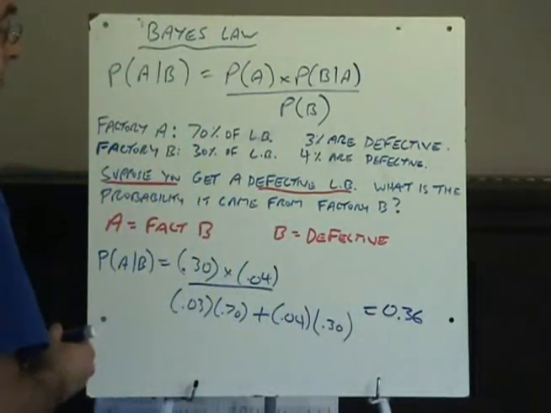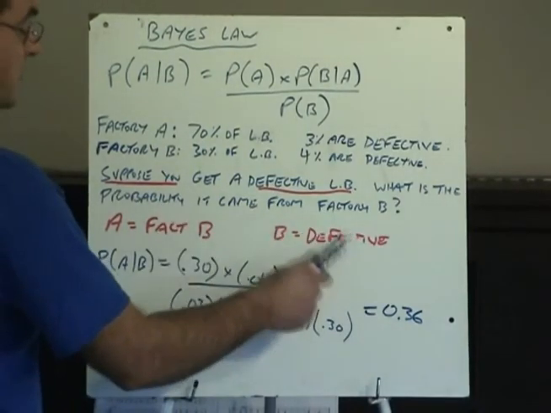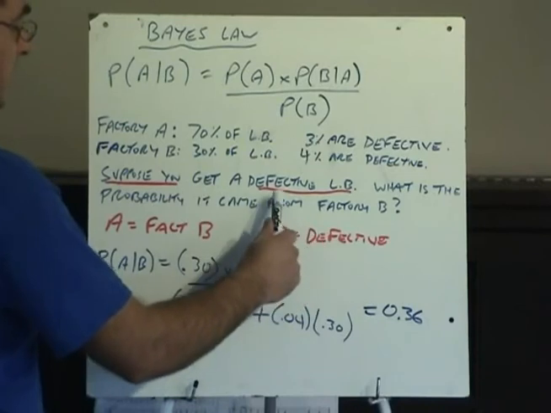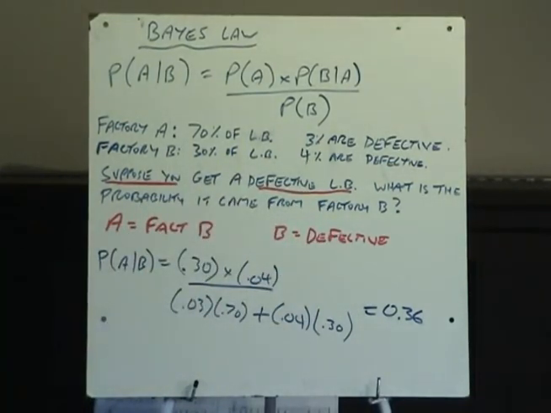Or in other words, 36%. There's a 36% chance that if you get a defective light bulb, that one would have been produced out of factory B.